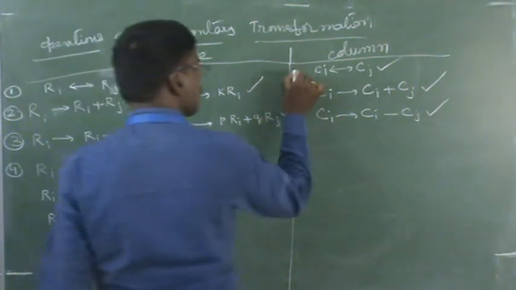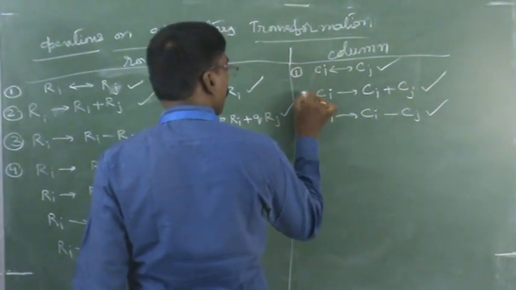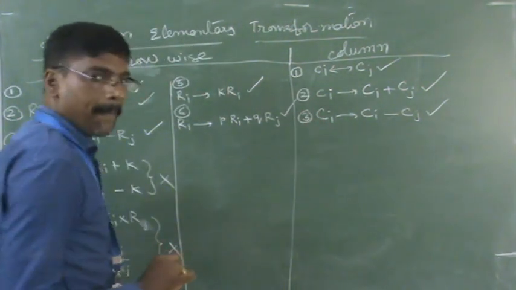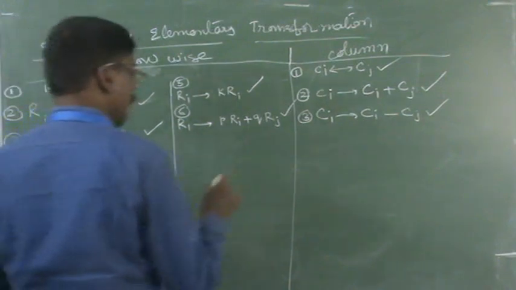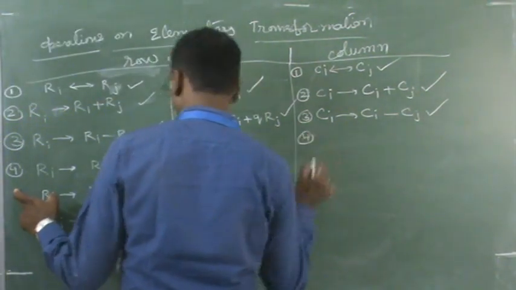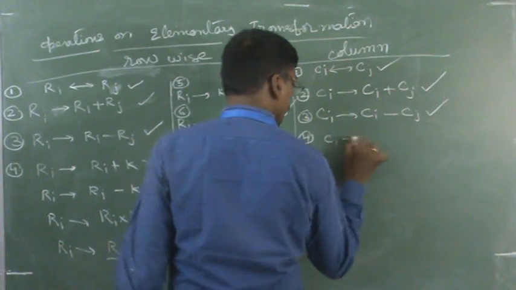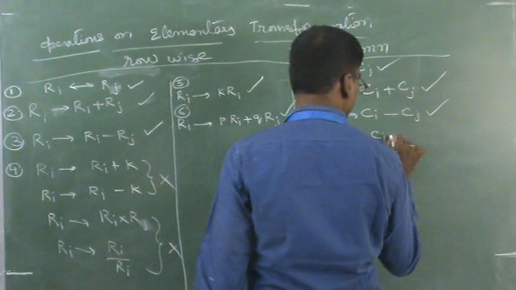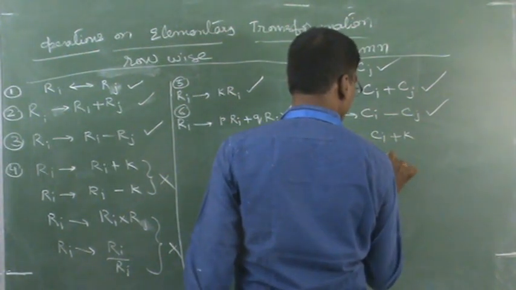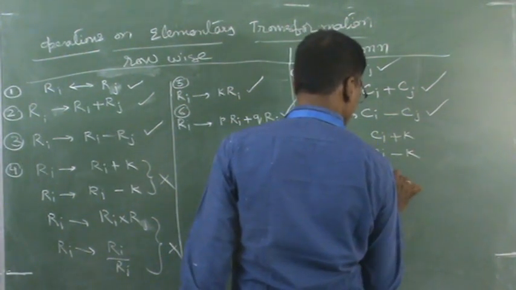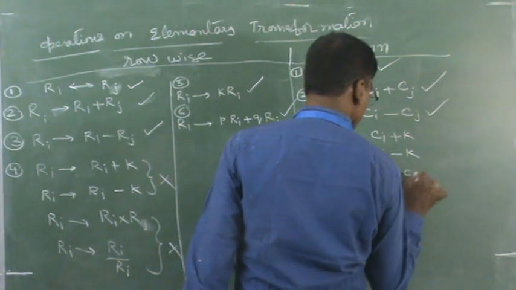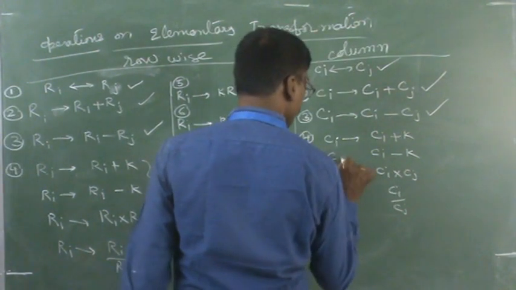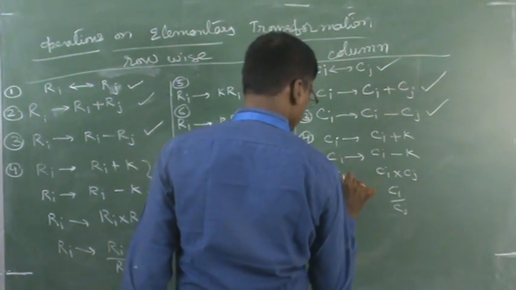Same condition. This is condition 1 in the case of column wise. This is condition 2. This is condition 3. Then condition 4 also. What we have tried: Ci can be written as Ci plus some constant, Ci minus constant, Ci into Cj, Ci divided by Cj. These all are not applicable.